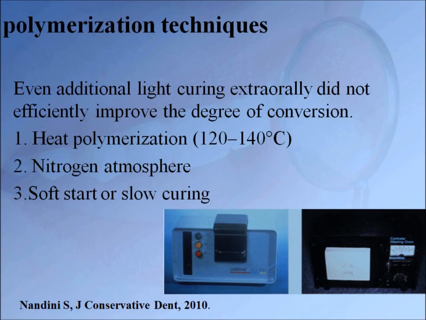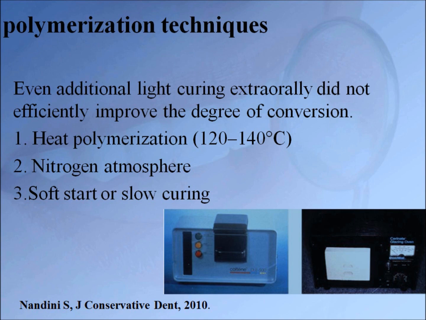Techniques. Even additional light curing orally did not efficiently improve the degree of conversion. Thus, specific conditions like heat, vacuum, pressure, and an oxygen-free environment are utilized for polymerization of second-generation indirect composite restoration.